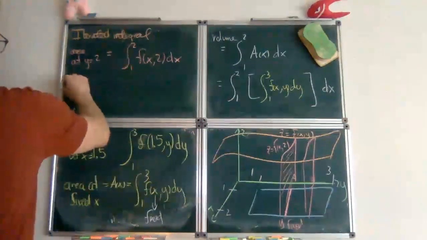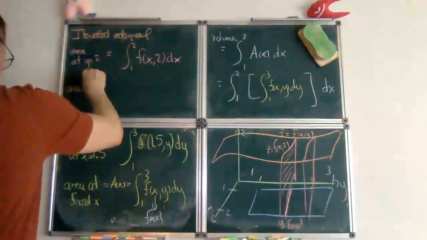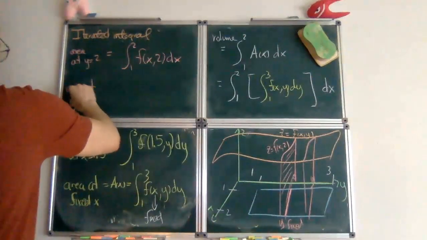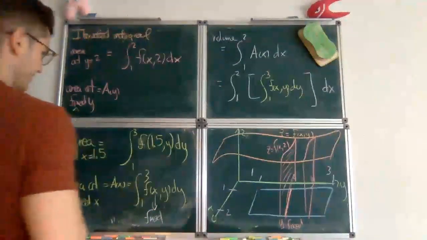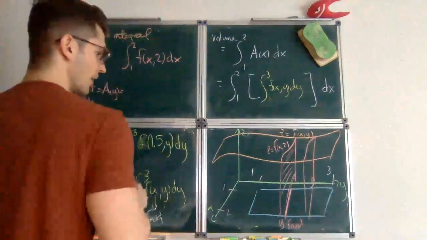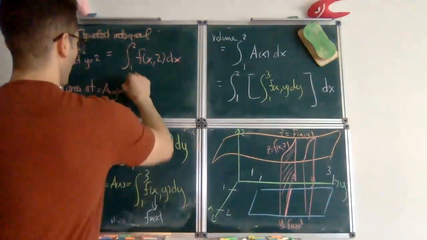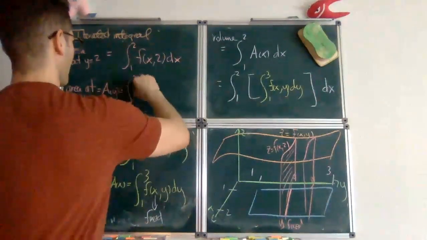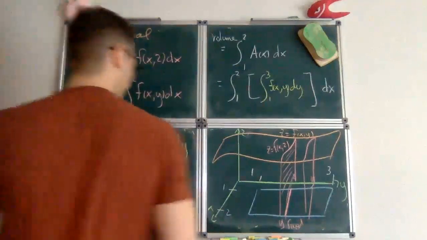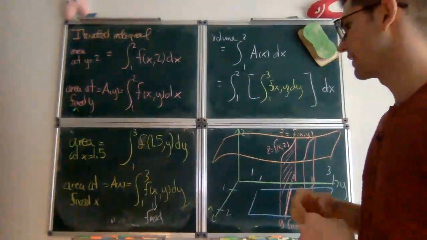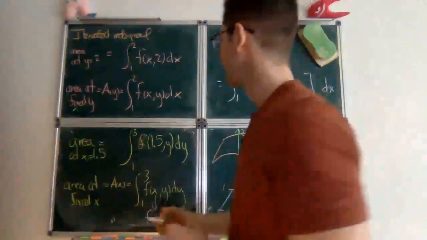So the area at fixed y is a of y, which is the integral from 1 to 2 of f of x comma y dx. But now again, the point is that y is fixed now.